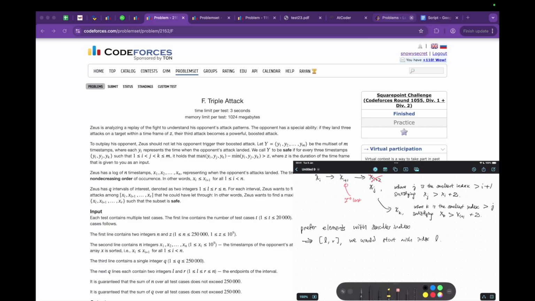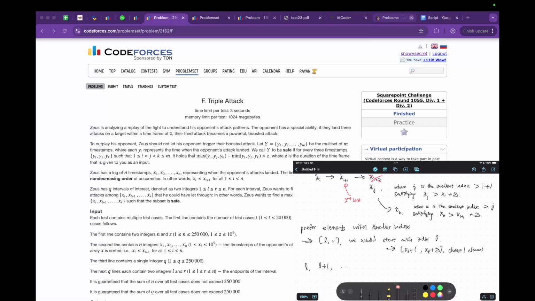So basically, if we start from L, our first constraint will be of the form xl plus 1 to xl plus z. And in this range, you can only choose one element. So in conclusion, we would always start with L, and then L plus 1, and then we'll continue.